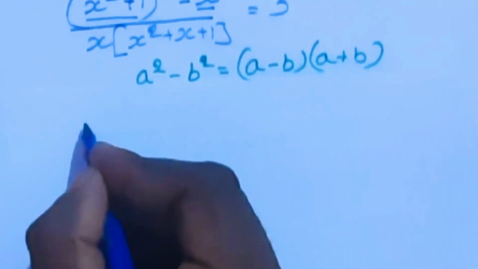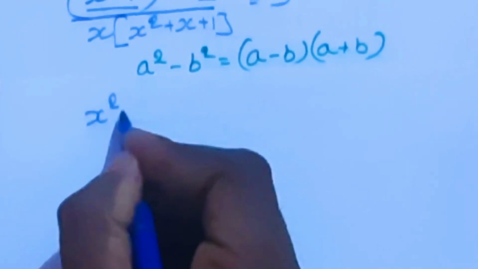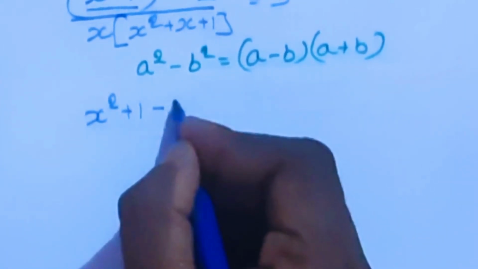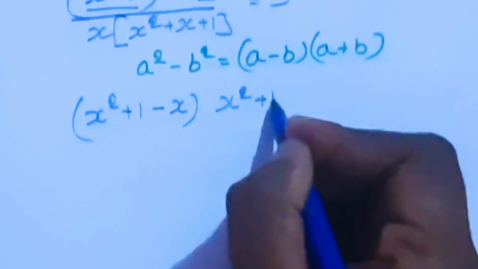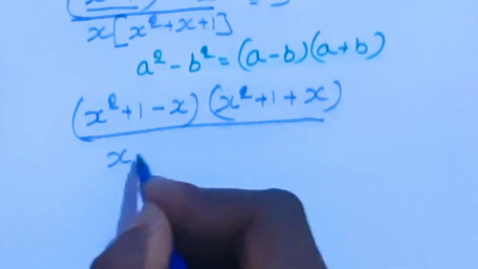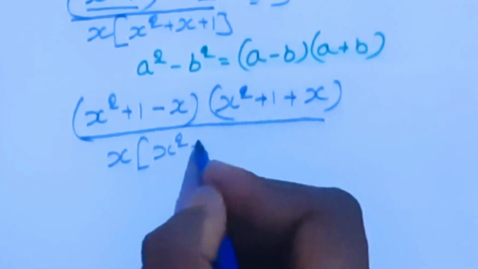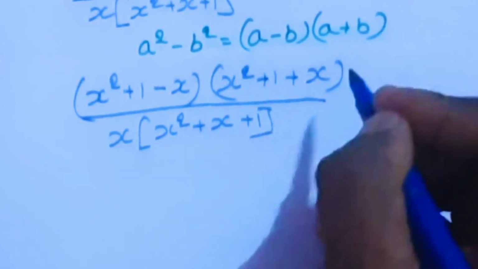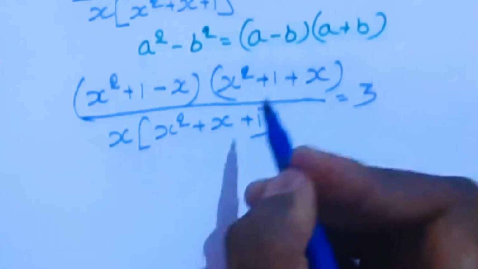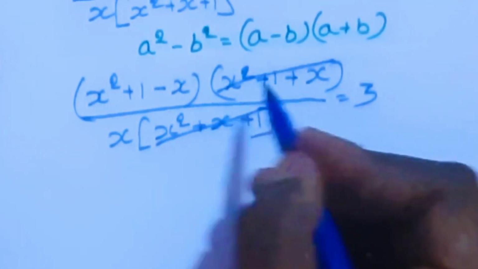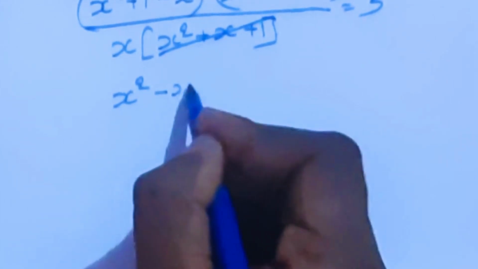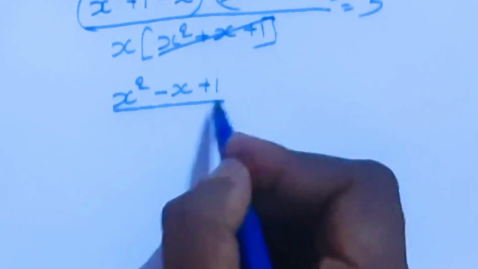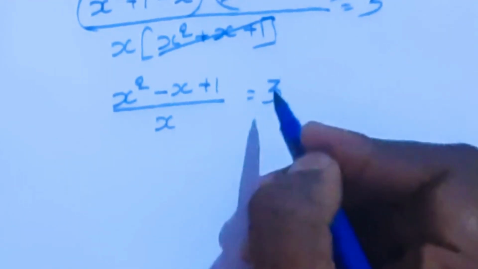So (x^2 + 1 - x) and (x^2 + 1 + x) by this denominator x (x^2 + x + 1) = 3. Now this cancels this, so we have (x^2 - x + 1) over x = 3.